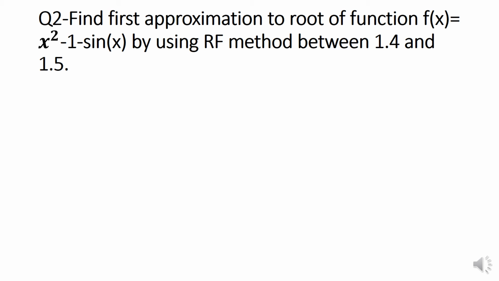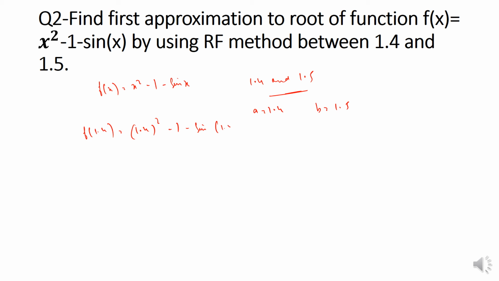Now second question: find the first approximation to the root of f of x, where f of x is equal to x square minus 1 minus sin x, using the RF method between 1.4 and 1.5. Now a is equal to 1.4, b is equal to 1.5. As earlier, f of 1.4 is equal to 1.4 whole square minus 1 minus sine of 1.4, and f of 1.5 is equal to 1.5 whole square minus 1 minus sine of 1.5.